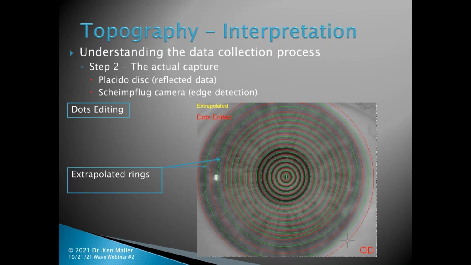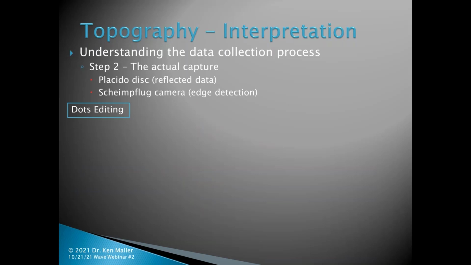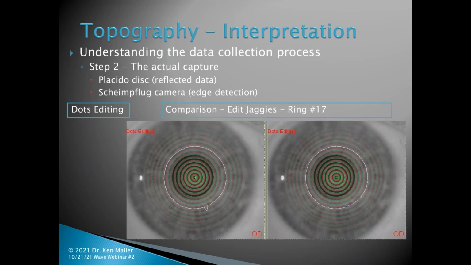So these are all the extrapolated rings that have been added in. The 2 inner ones were the ones I deleted, and then those 2 outer ones were just added in because we didn't capture any data there, but we do need that data so we can create a surface for Wave to reference.